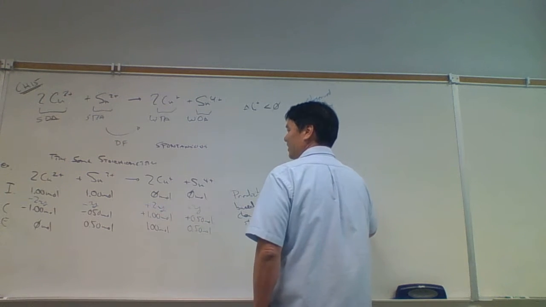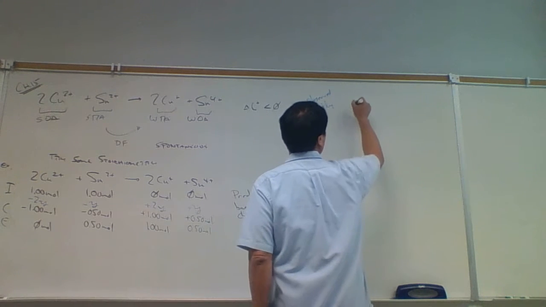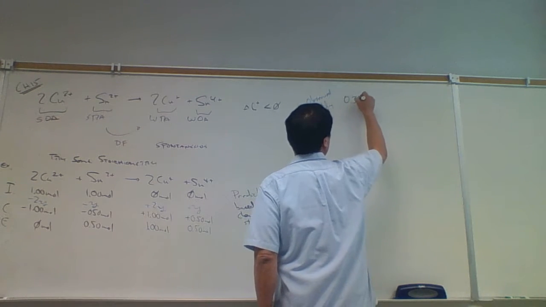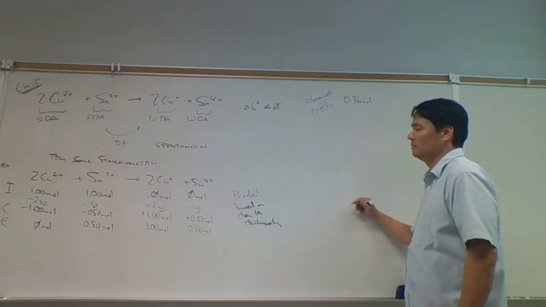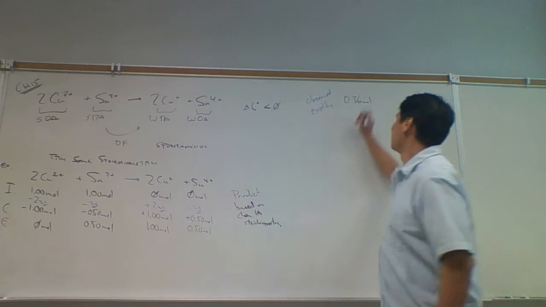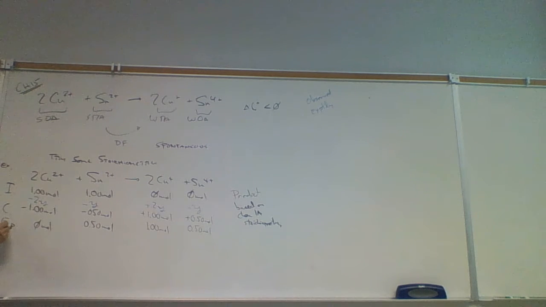We end up at 0.36 moles. Let me just write it down. And so this is n predicted. This is the n observed. The n observed is not 0 moles. The n observed is 0.37 moles.